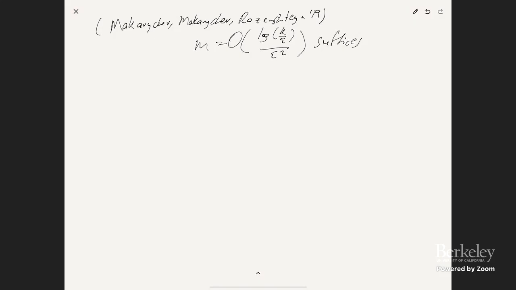There's a log K. The lower bound is that you need log K over epsilon squared. So up to that epsilon inside the log, it's optimal.